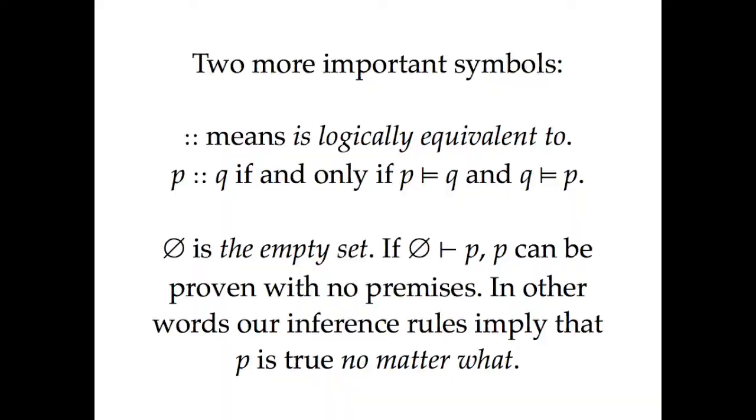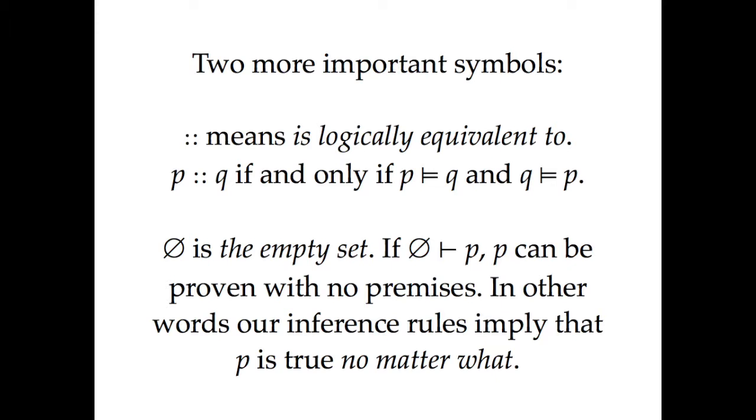Now, before I give you some homework problems to work on, some proofs to do on your own, I need to give you two more important symbols. Here they are. The first one looks like 4 dots, and that symbol means is logically equivalent to.